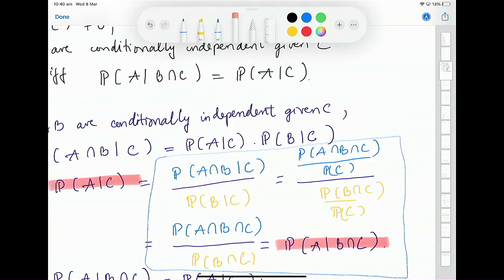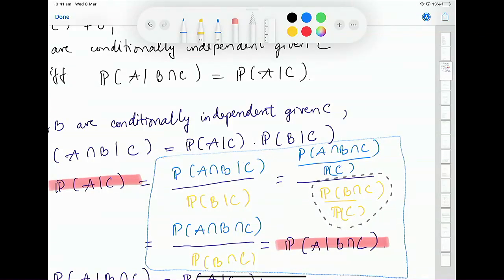The probability of A intersect B given C equals the probability of A intersect B intersect C divided by the probability of C. And the denominator, the yellow term, from the definition of conditional probability is equal to the probability of B intersect C divided by the probability of C.